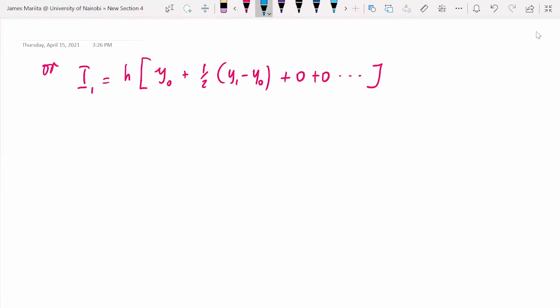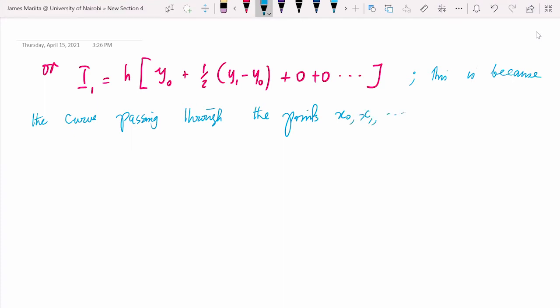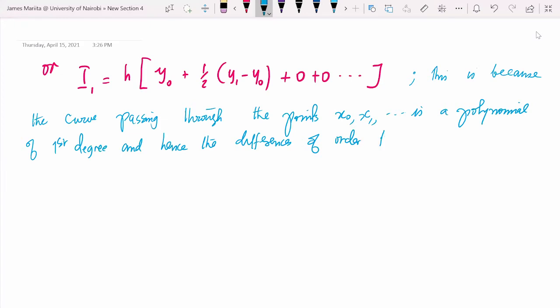So you can note this. This is because the curve passing through the points x0, x1, and so on is a polynomial of first degree, and hence differences of order higher than first vanish.